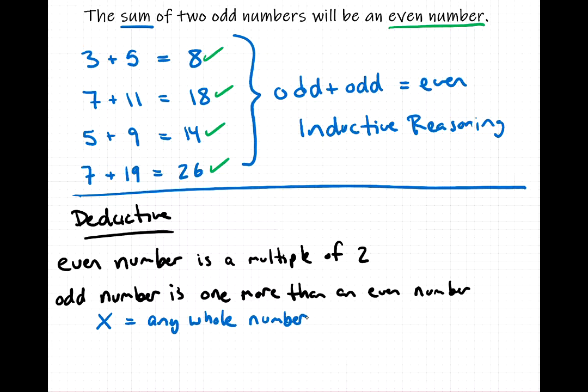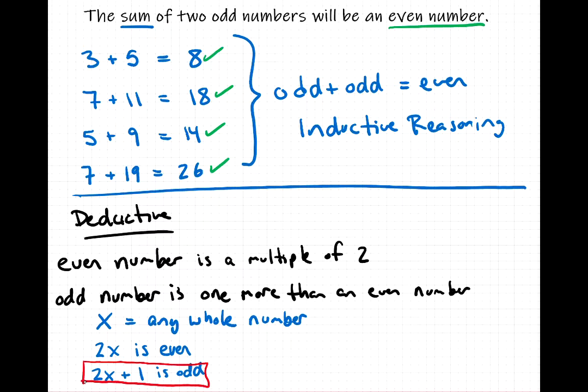If x is any whole number, then 2x is even, and 2x plus 1, one more than an even number, is odd. 2 times anything is even. So 2x is even and 2x plus 1 is odd.